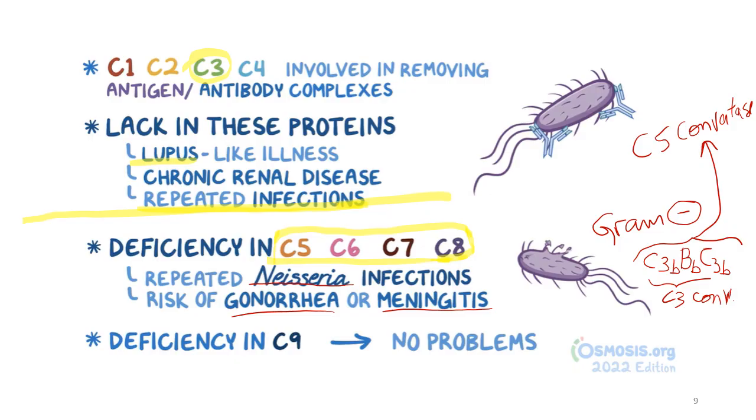Now, what is your C5 convertase for either mannose binding lectin or classical pathway? Well, let's see. First, you have to see what is your C3 convertase for those. What is that? Is C4b, C2a. This is your C3 convertase, right?